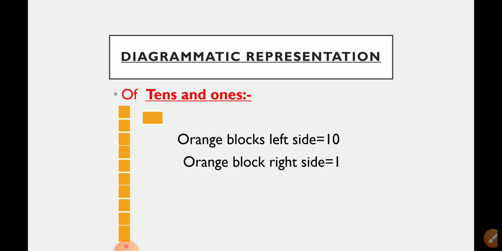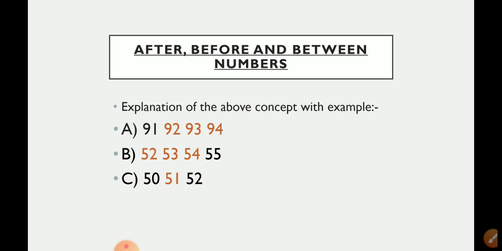Next is after, before and between numbers. After, before and between numbers are nothing but the number which comes after one particular number and the number which comes before a particular number, and if a number comes between two numbers, that is known as the between number.